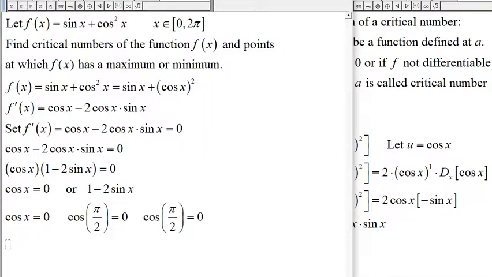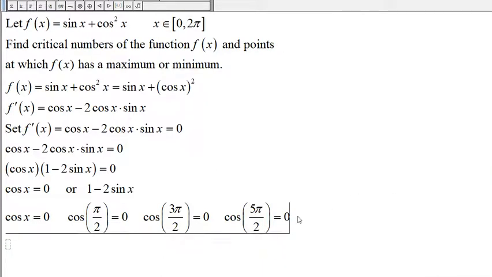Cosine of 3 pi over 2 is equal to 0, and then 5 pi over 2, and then 7 pi over 2.